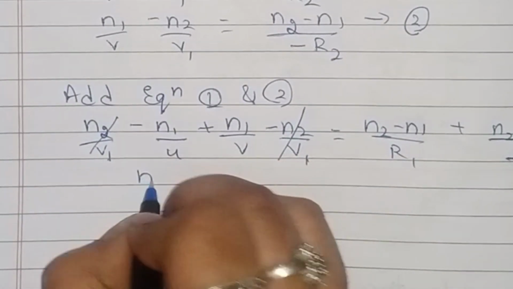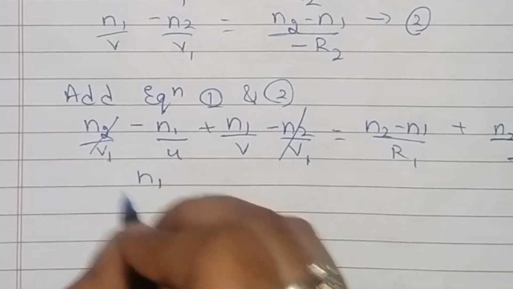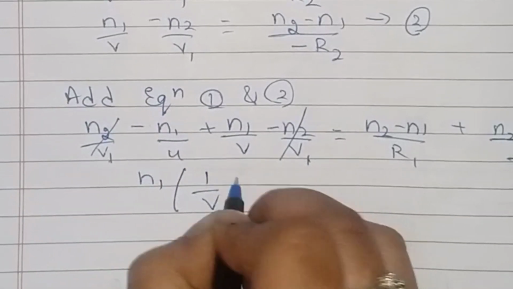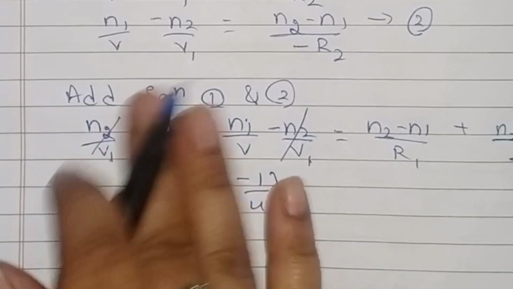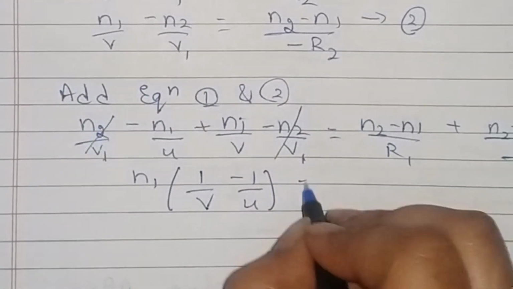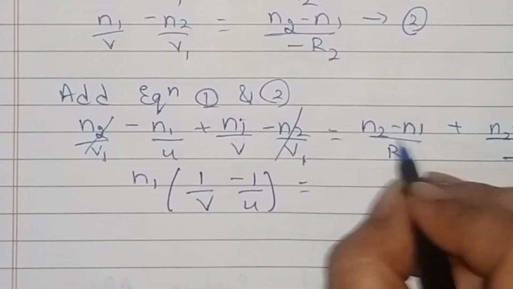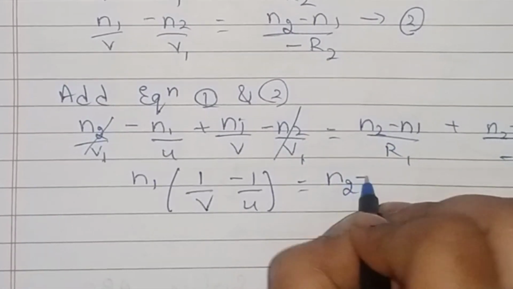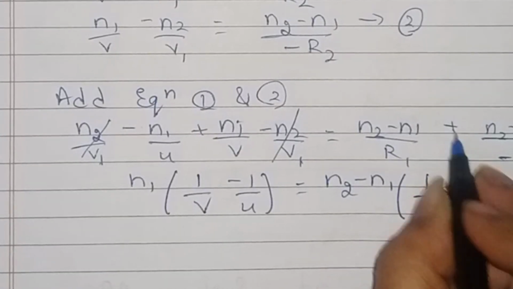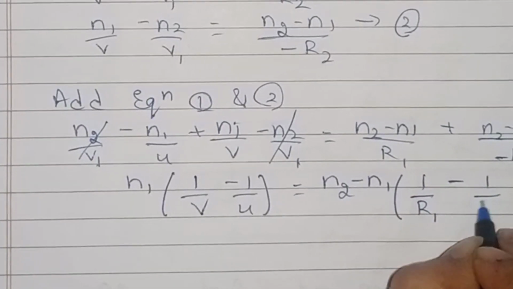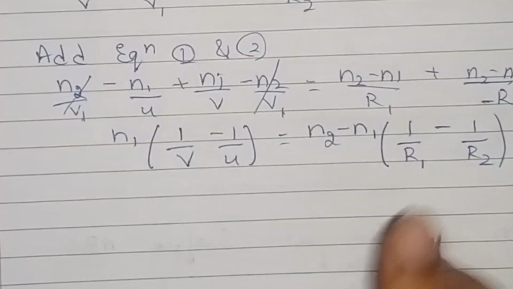Now n1 is common in both, so I am taking it common: 1 by v minus 1 by u. I have taken 1 by v first and 1 by u next. Which is equal to, now here n2 minus n1 is common in both, so I am taking it common: n2 minus n1 times 1 by r1, and this minus comes here, so minus 1 by r2. This we are going to obtain.